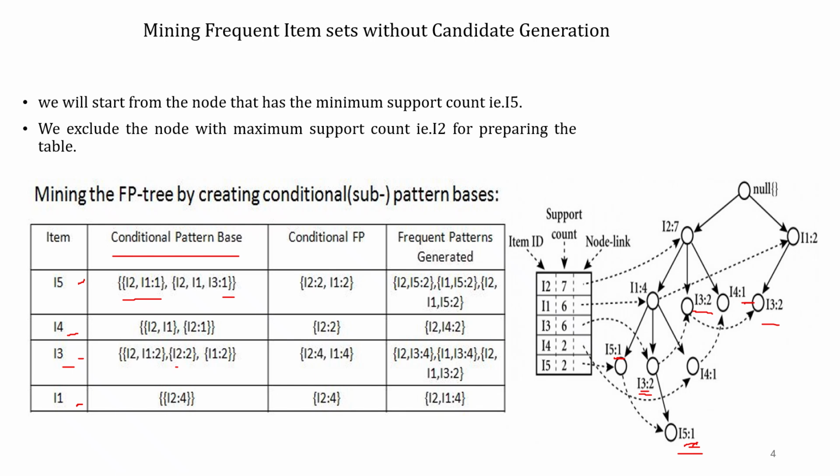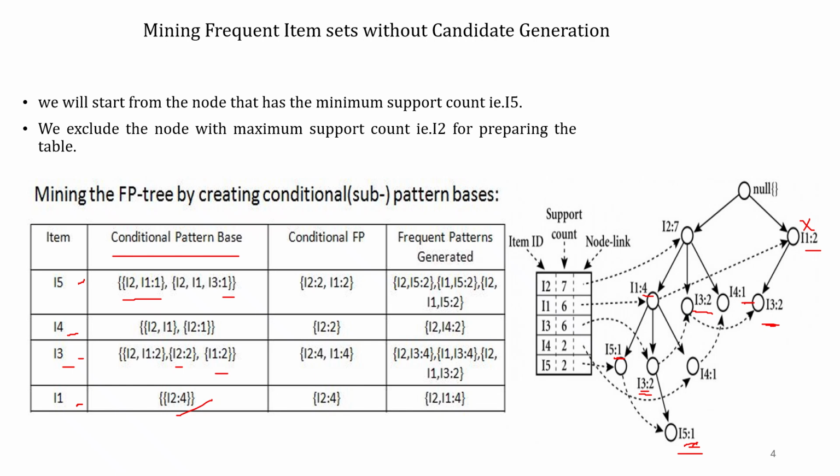Another path passes only through I1, where the support count of I3 is 2. Then if you come to I1, you have two I1. For these you don't have any path to be navigated, only null is there, so we'll not put them. Then we have an I1 here passing only through I2. The support count of I1 is 4, so I'm putting it as 4 here. Hope everybody understood how we have generated the conditional pattern base.